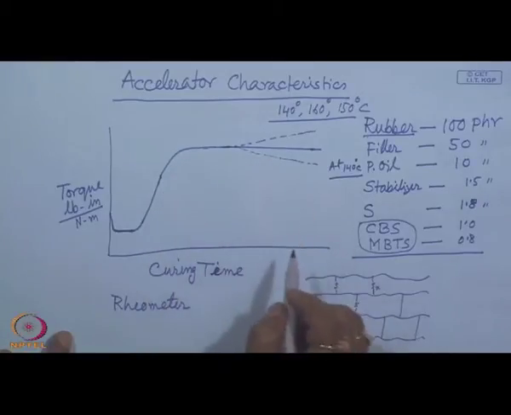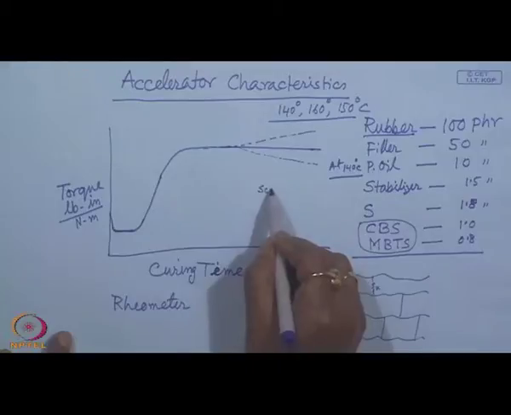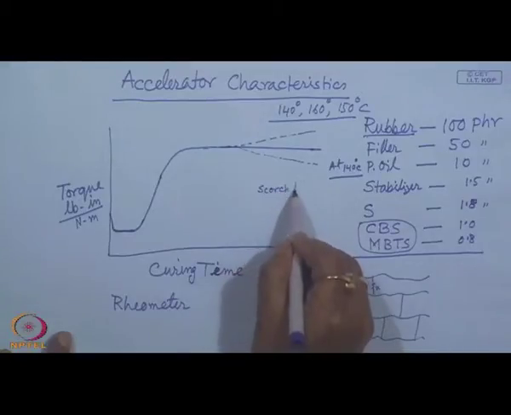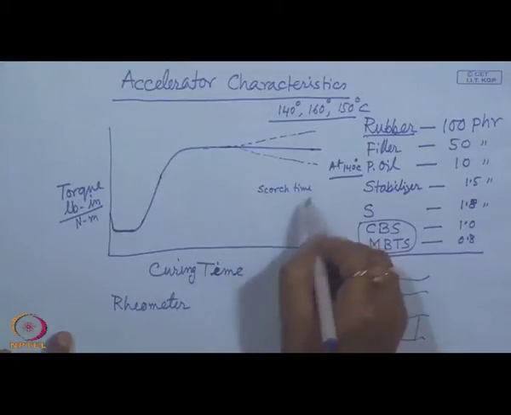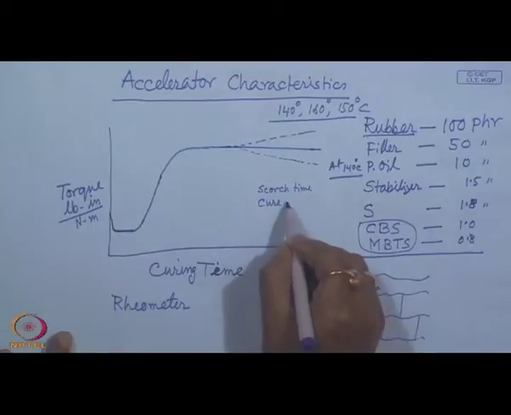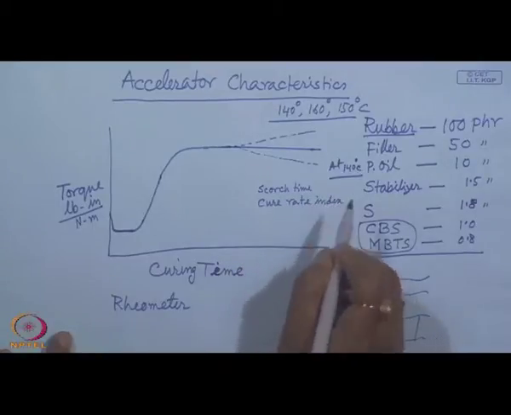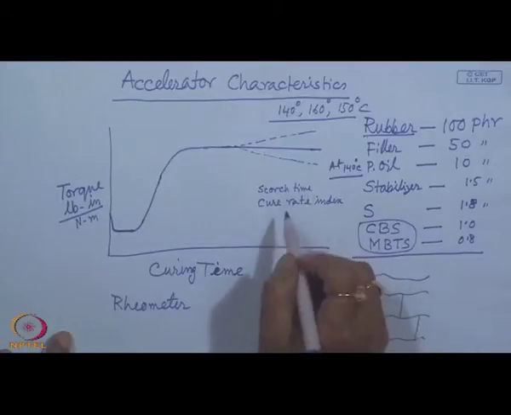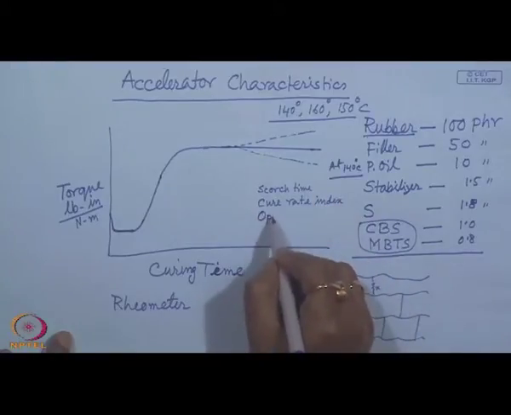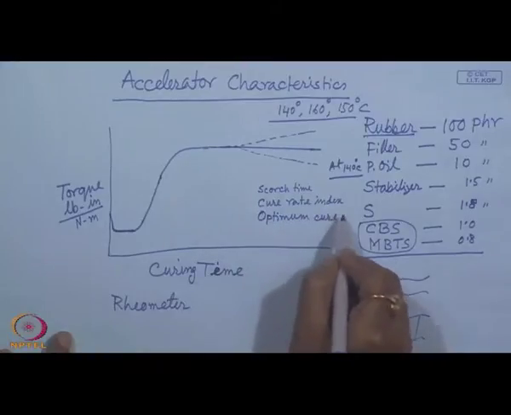Now, the characteristics of an accelerator are basically scorch time, cure rate index, optimum cure time.